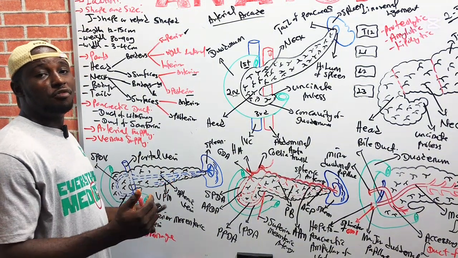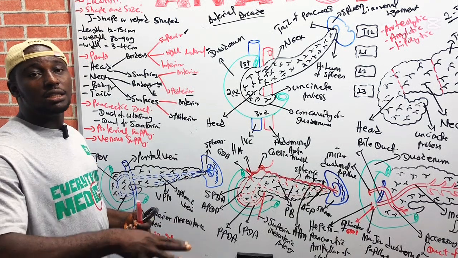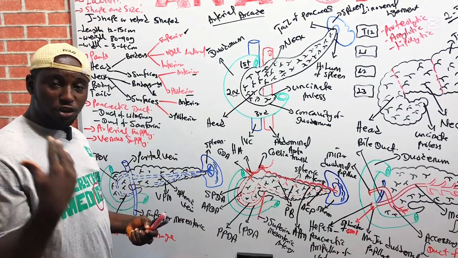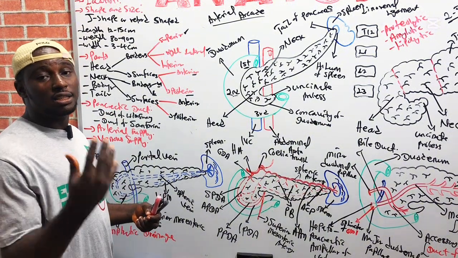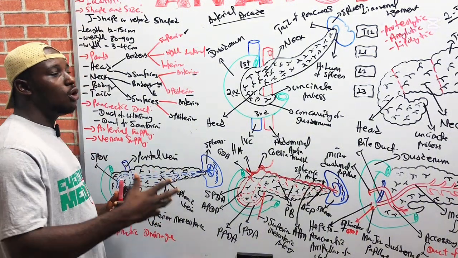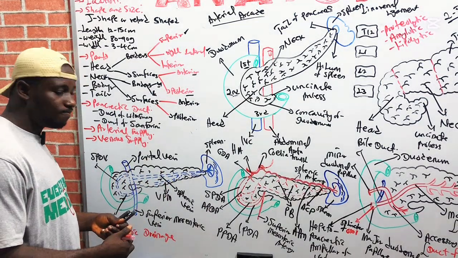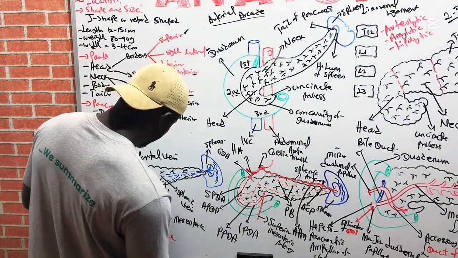We have the pancreatico-splenic node, which is the main lymphatic node of the pancreas. We have the pyloric node. We have the celiac node. We also have the superior mesenteric node, right? So those are the lymphatic drainage of the pancreas, right? Let's go to the nerve supply.